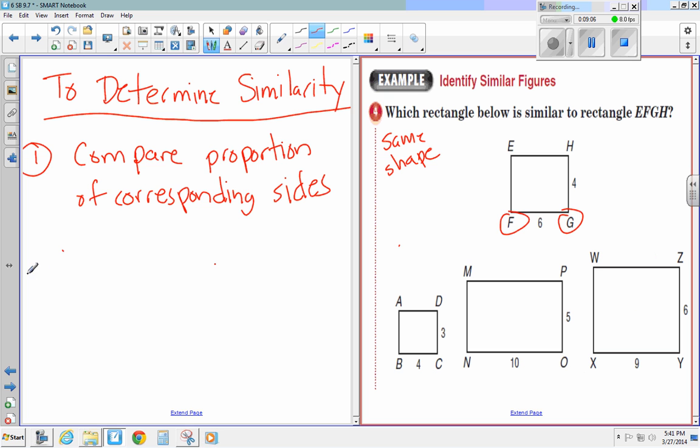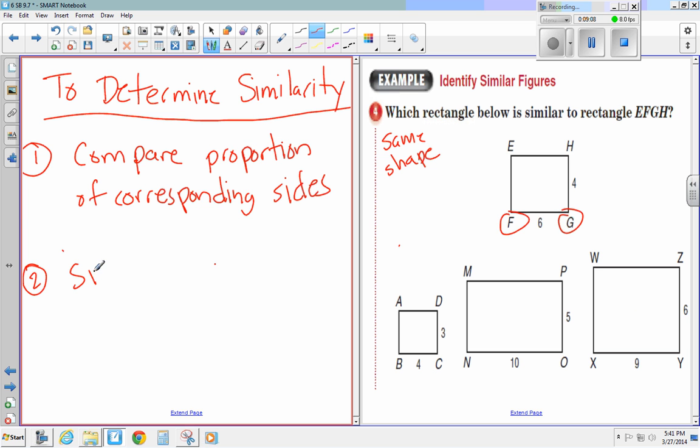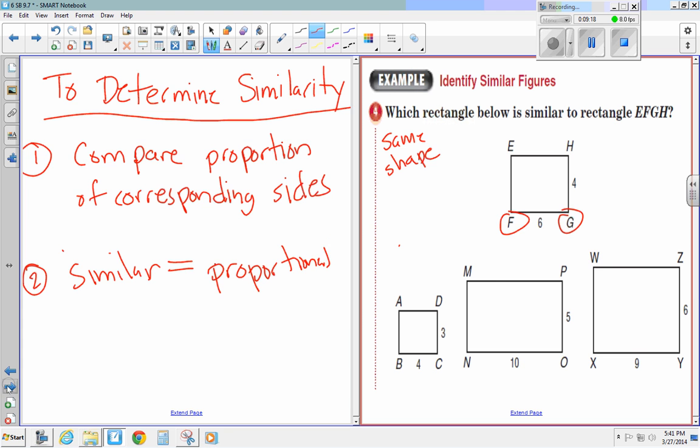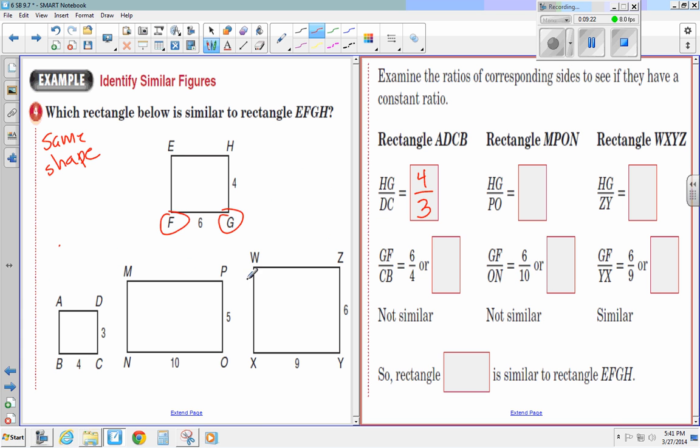If they are similar, equals proportional. So we did HG and DC. Now we're doing GF, which is 6, and CB, which is 4, which gives us 3/2. Are 4/3 and 3/2 similar or equal? They're not, so it's not similar.